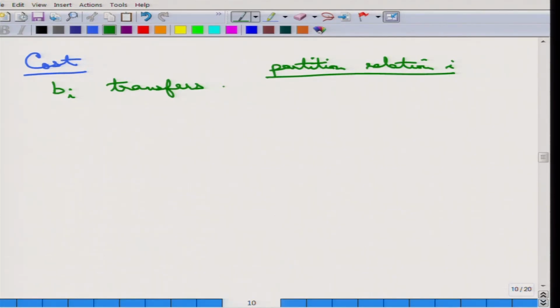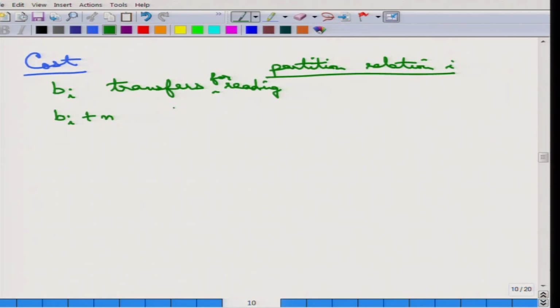BI transfers for reading. After the partitioning is done, it may produce BI plus N blocks, because each partition may have one extra tuple which doesn't fit into the block, etc. So there can be BI plus N.